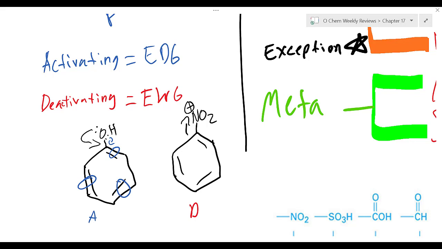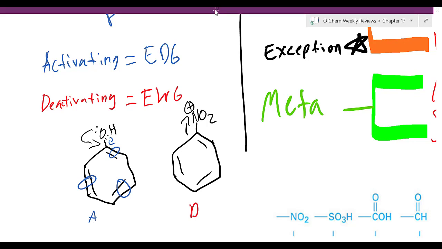Every carbon is sp2 and can participate in a resonance system. So these lone pairs are going to kickstart and activate the resonance system occurring within this ring.